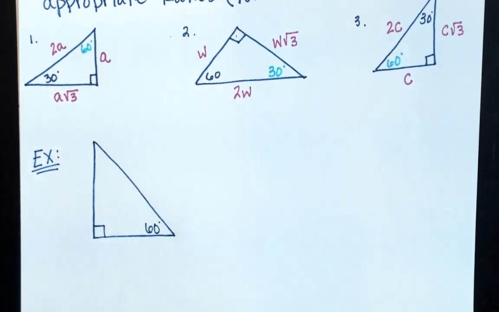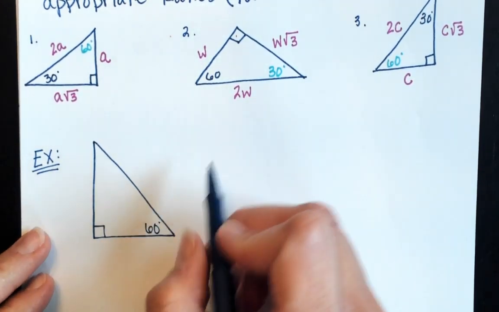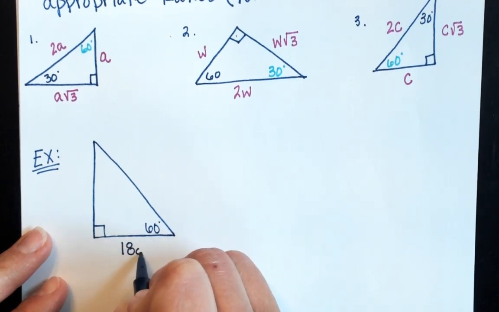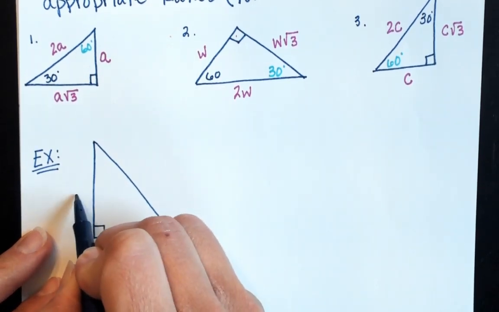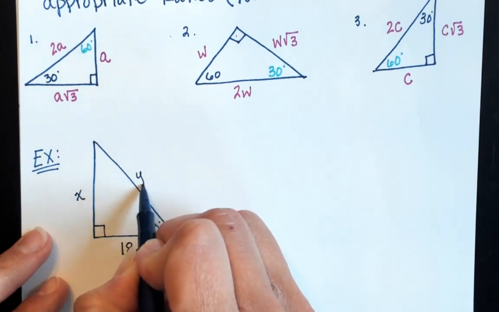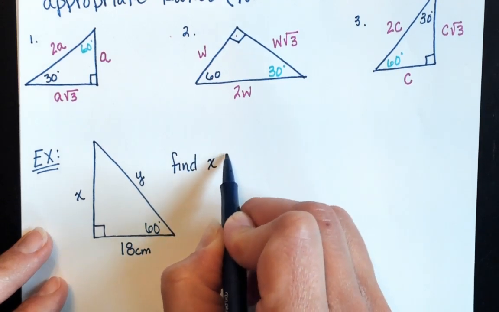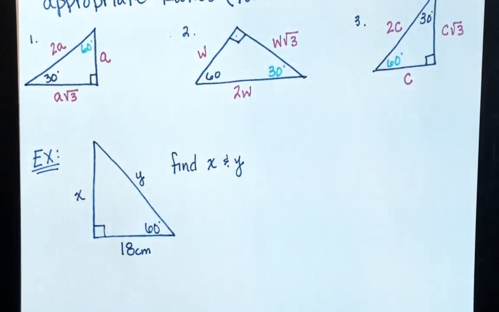So notice I'm putting a 60-degree angle in there. And we're going to find X and Y.